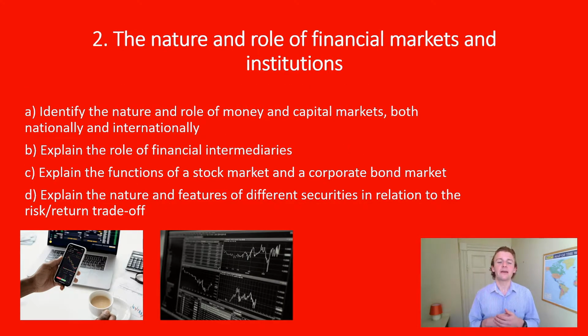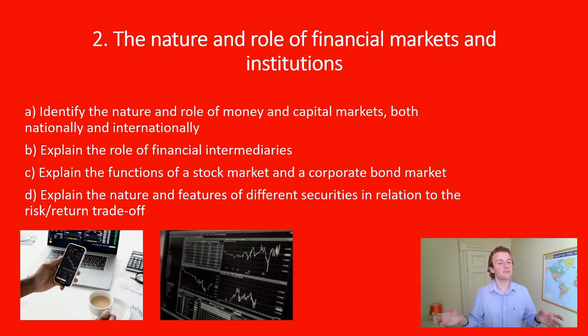Now, secondly, we have the nature and the role of financial markets and institutions. Breaking it down from A to D, firstly, we've got identify the nature and role of money and capital markets, both nationally and internationally.